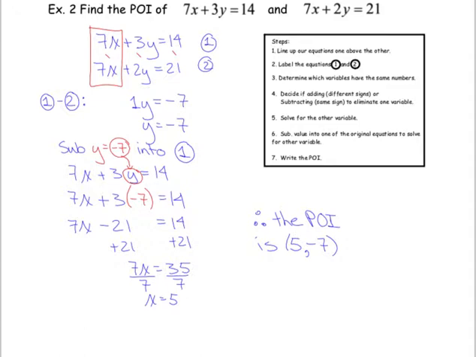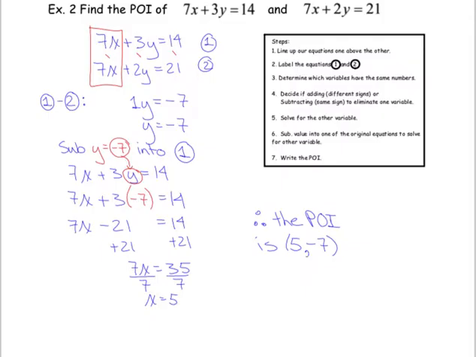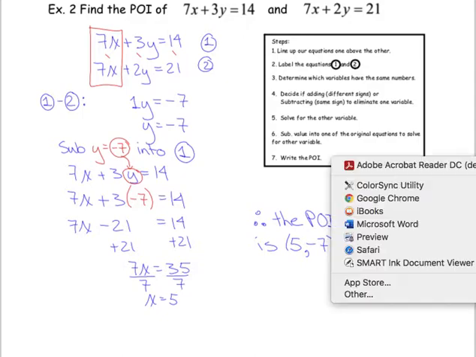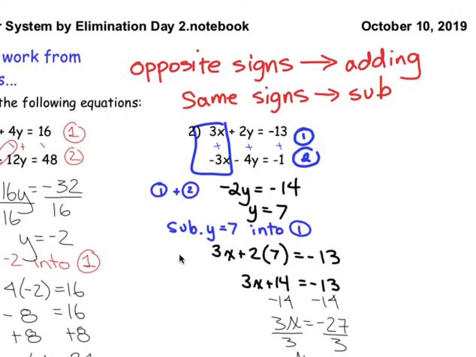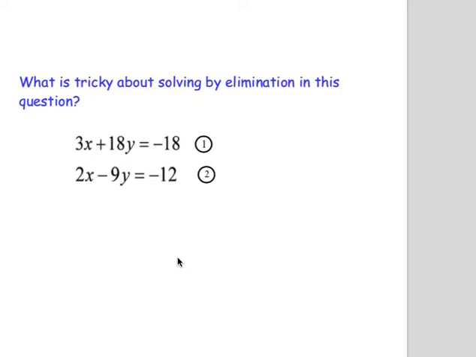But we're going to move on to, something's going to pop up, just a heads up. It's not how I wanted it. We're going to move on to the second part.